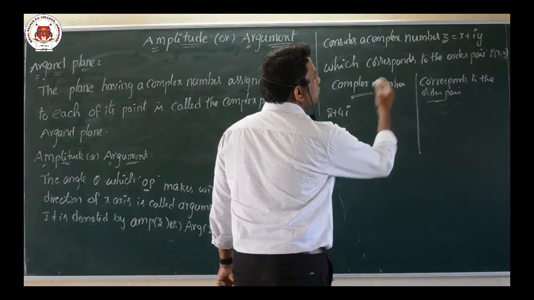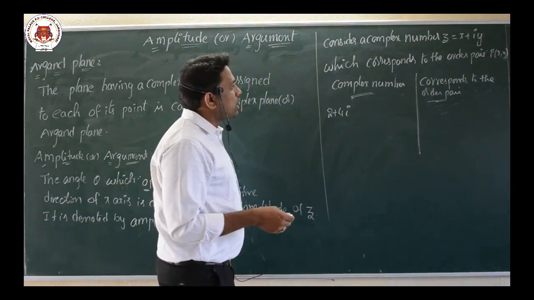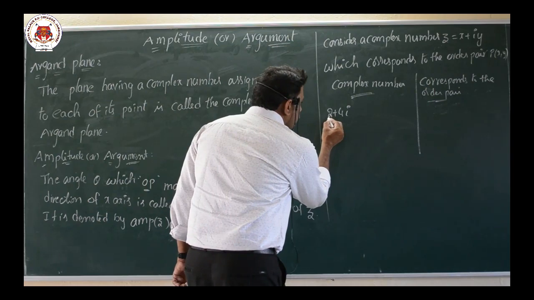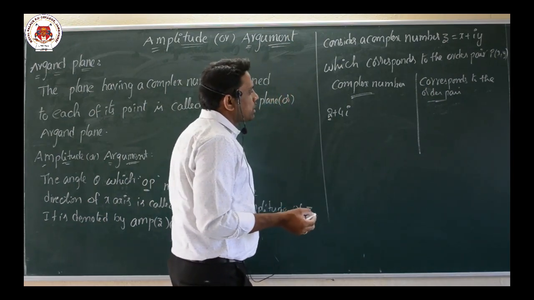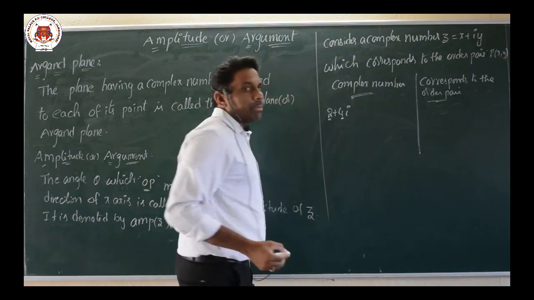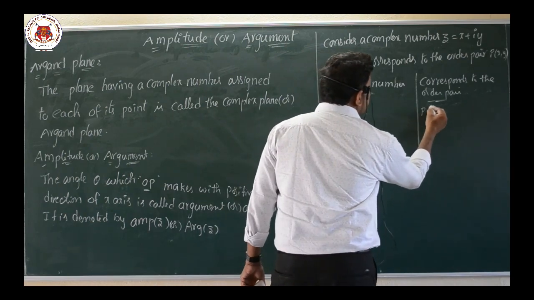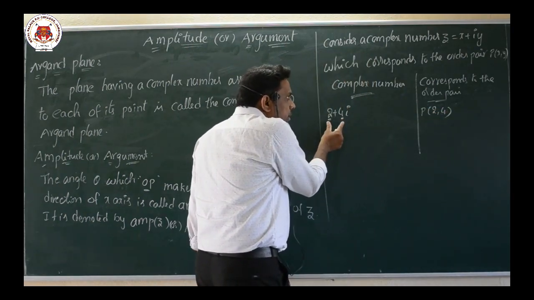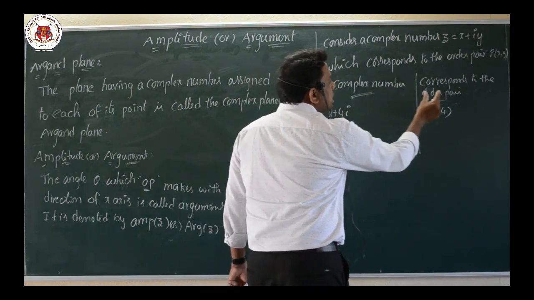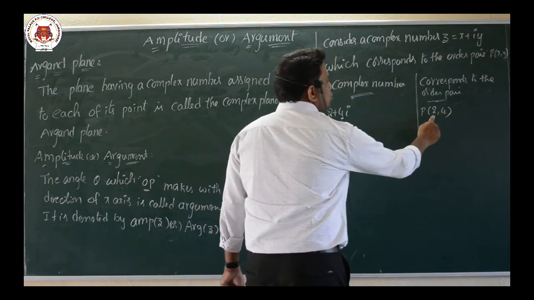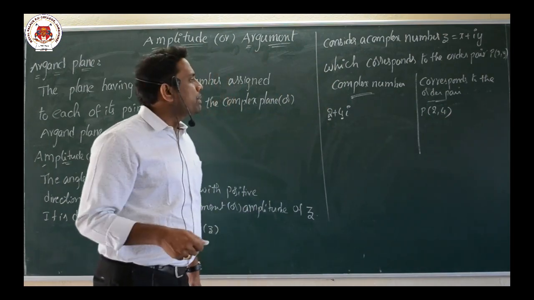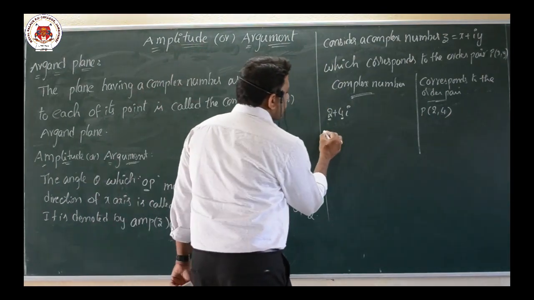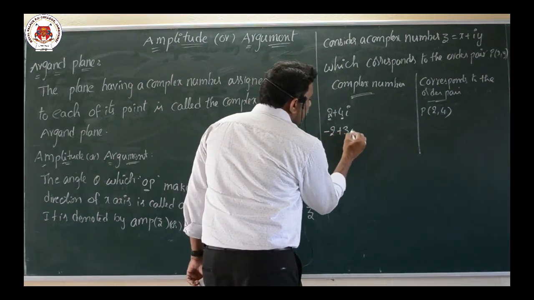How to convert it into the ordered pair? First we have to write the real part. Here the real part is 2 and 4 is the imaginary part. So we can express it like this: (2, 4). A complex number can be expressed in the form of an ordered pair as first real part, comma, imaginary part. We will take one more example, minus 2 plus 3i.